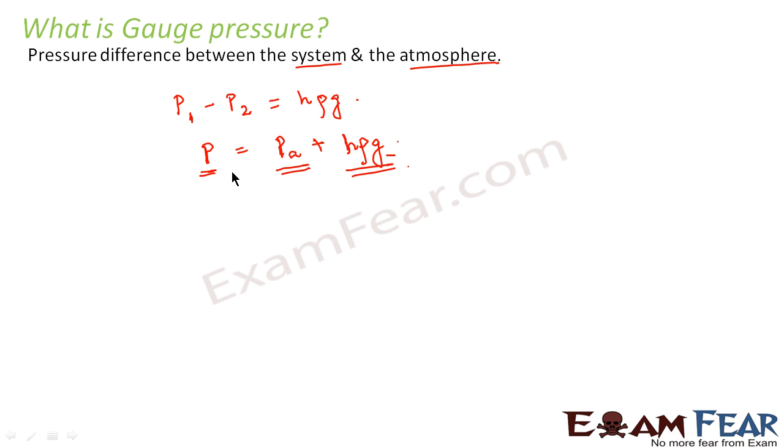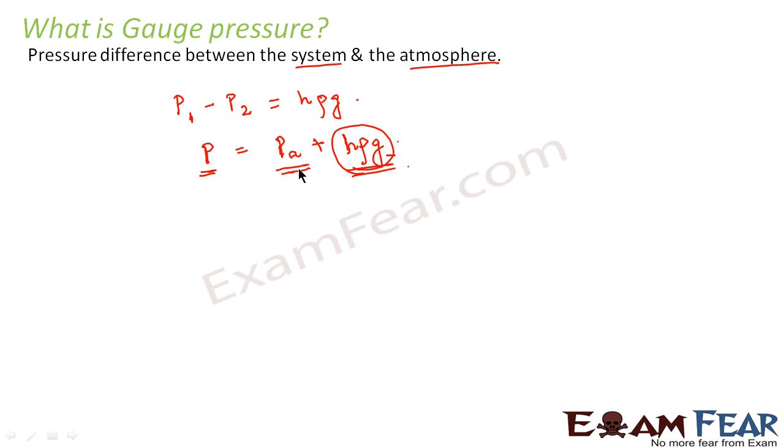We observe that pressure at any point is always greater than the atmospheric pressure by this amount H rho G. So gauge pressure is nothing but this excess pressure, that is the pressure difference between the system and the atmosphere.